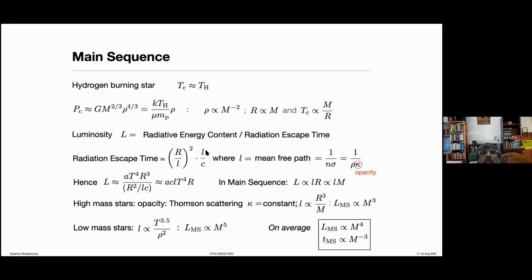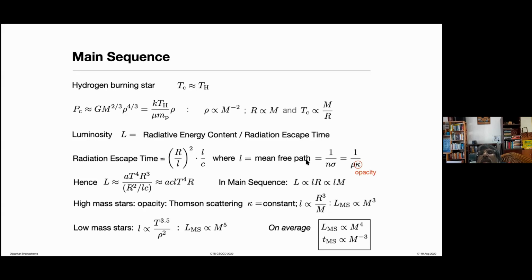So let small l be the mean free path. l by c is the time of flight through a mean free path. And the number of mean free paths that the photon will typically encounter is given by r by l squared, because it's a random motion, r being much larger than l, right? So these are the number of encounters that the photon is going to have before escaping, and this is the time between encounters. So therefore, this gives you the radiation escape time.